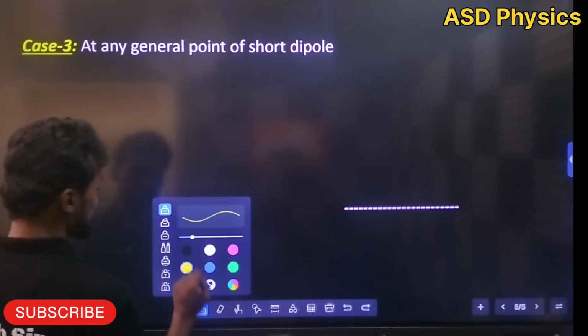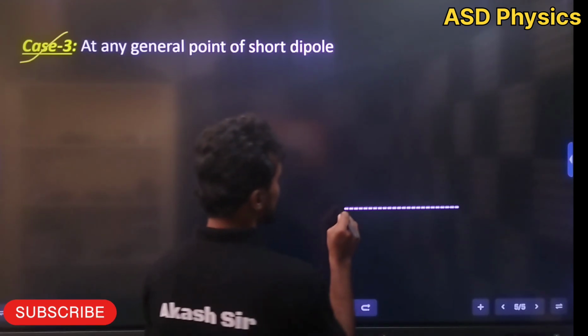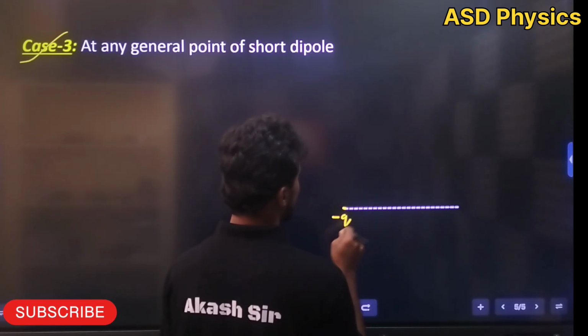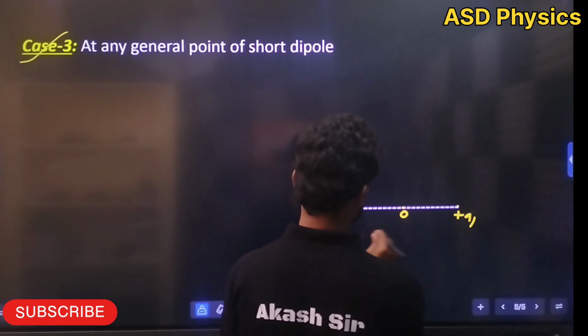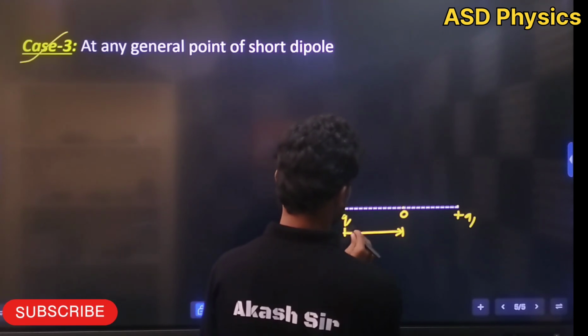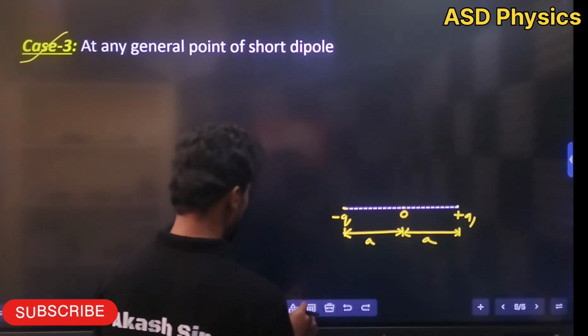Case 3: electric potential at any general point of a short dipole. Let me start with the basic. Minus q, plus q, this is the center of the dipole, and this is A and this is also A. Now our dipole is ready.